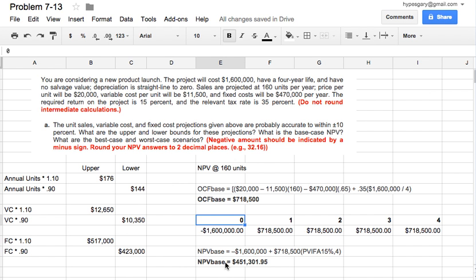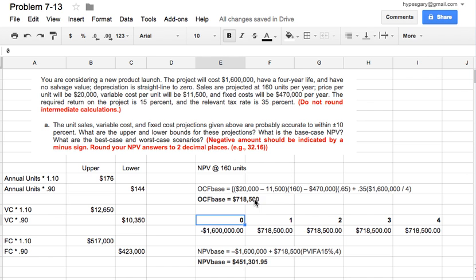You will do very similar work for the best case and worst case scenarios here. For example, if I wanted to run the operating cash flow at a worst case scenario, I would use 144 units sold at a variable cost of $12,650 per unit and a fixed cost overall of $517,000.